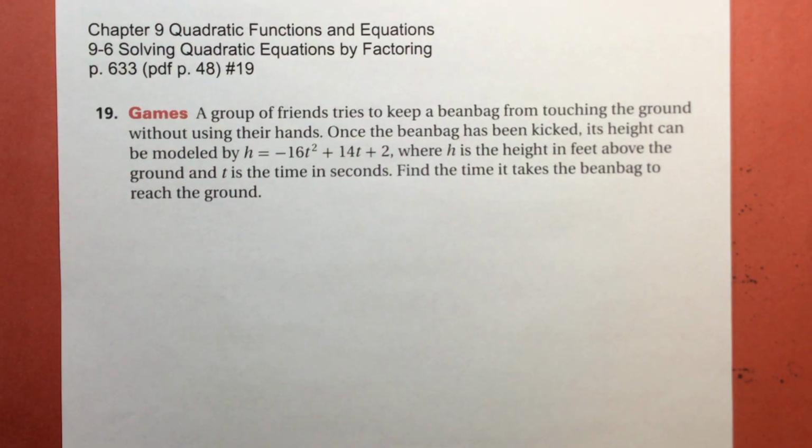Once the beanbag has been kicked, its height can be modeled by, they left the height at time 0 out, h equals negative 16t squared plus 14t plus 2. It's not important that you know this to solve the problem, but it is important to understand the problem.